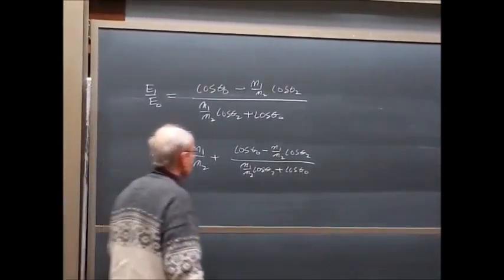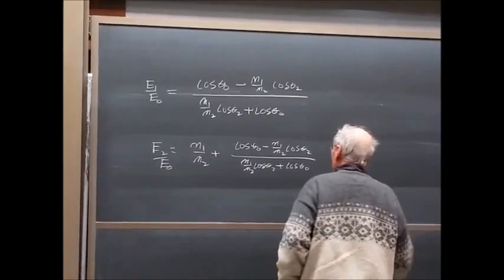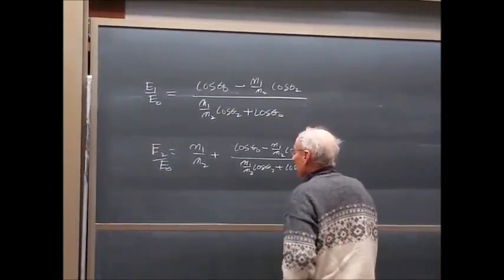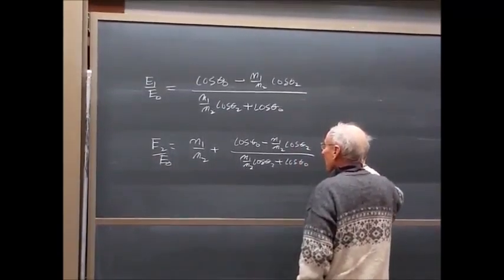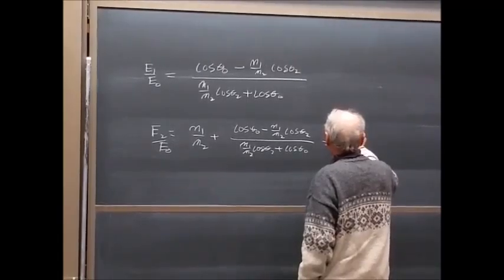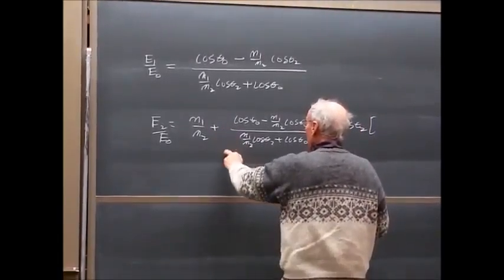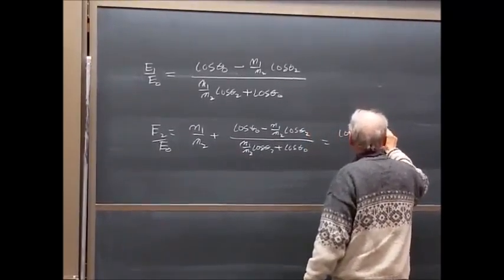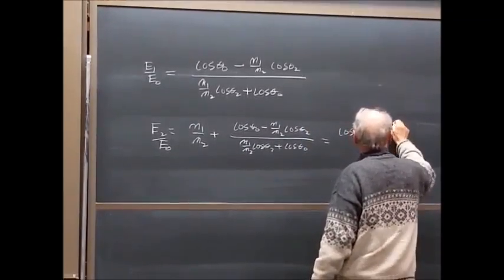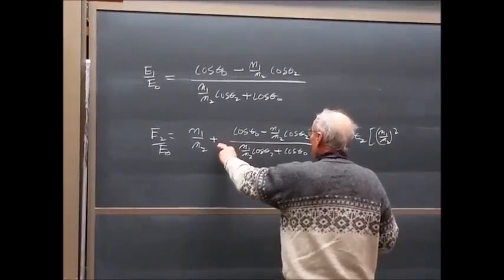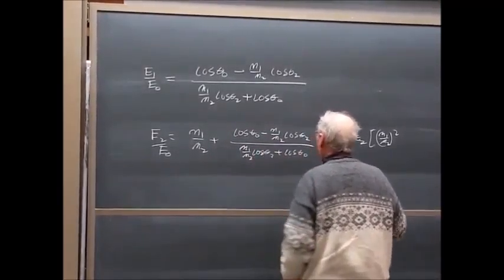All right, so putting them over a common denominator here, we'll have cos theta 2 times N1 over N2 squared, that's that one, minus N1 over N2.